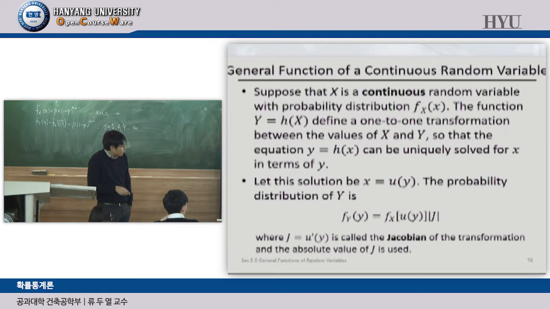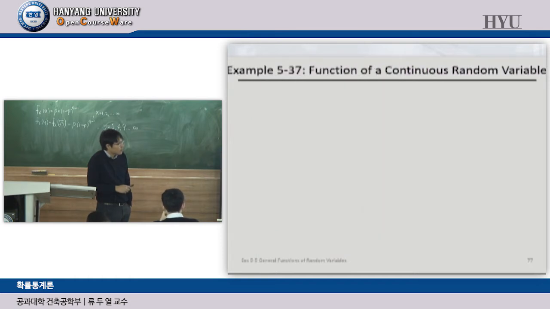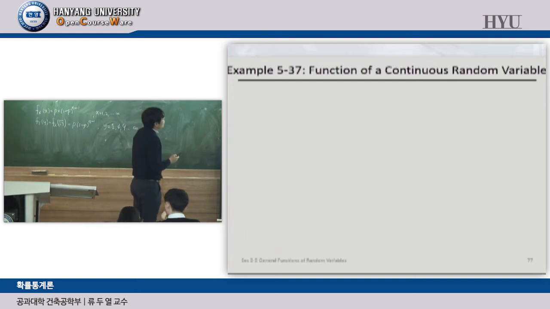And also, the absolute value of the Jacobian should be multiplied here. So this is the definition of the general function for the case of the continuous random variable. So please remember this equation. Then we are going to solve another example, 5-37. This is about the function of a continuous random variable.